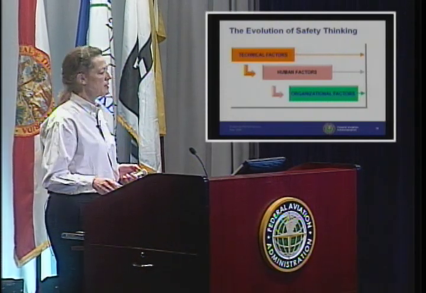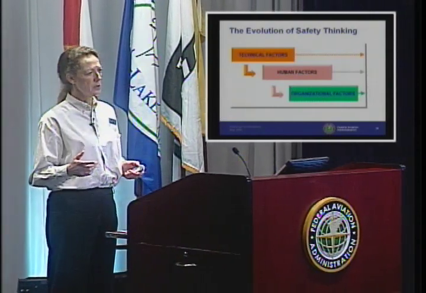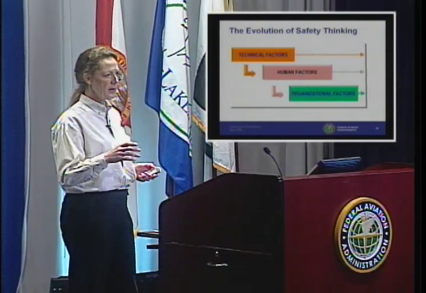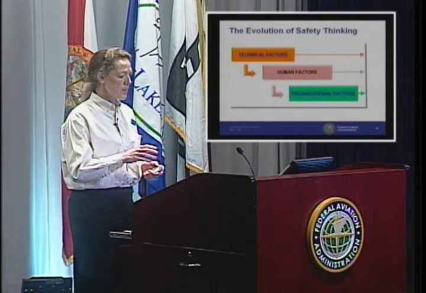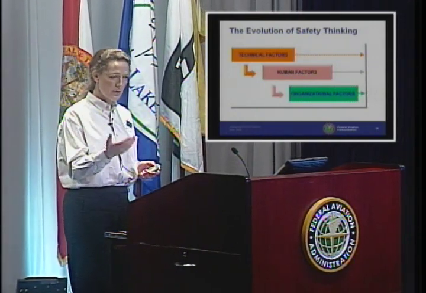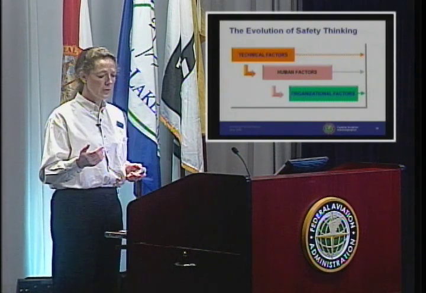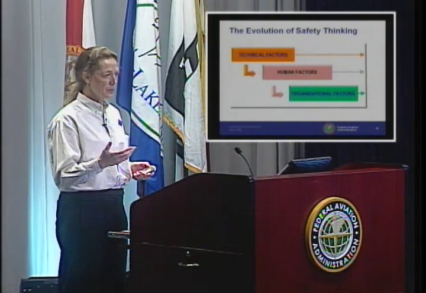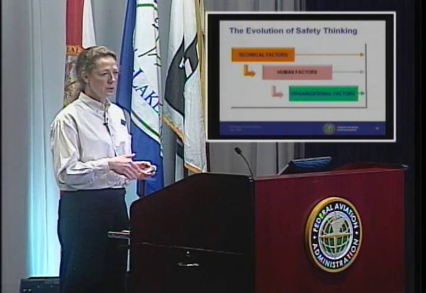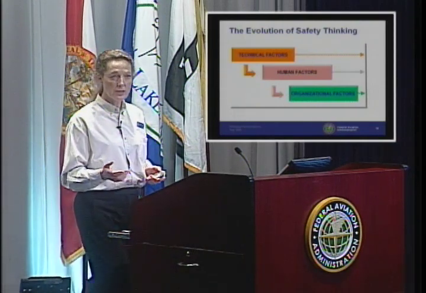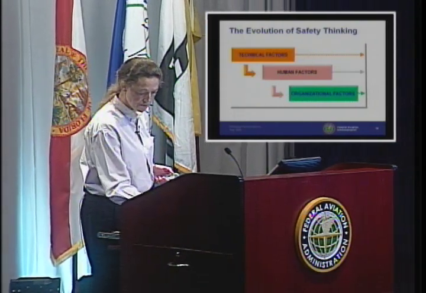So what we've done is taken this a step further and now applied an organizational structure to this, and say to operators as well that they can provide a safety culture in which to enable pilots to operate safely.